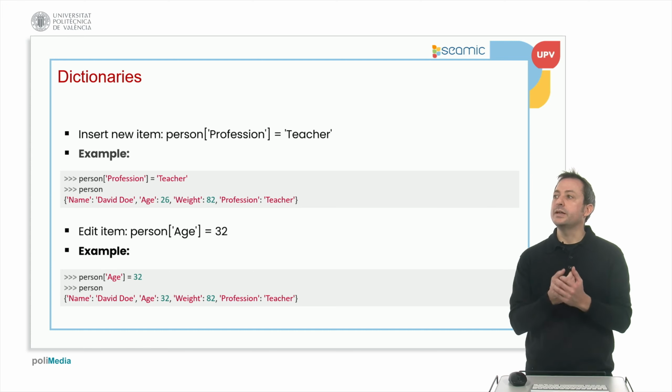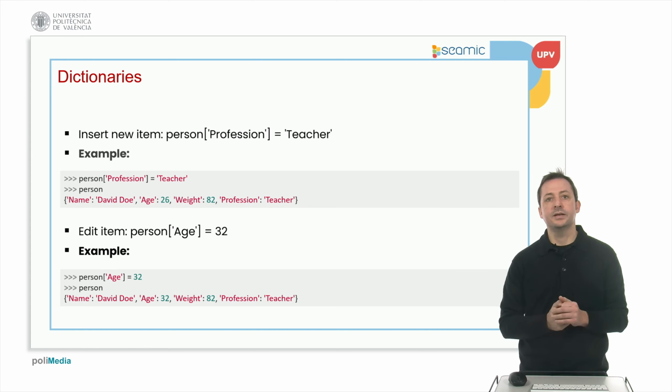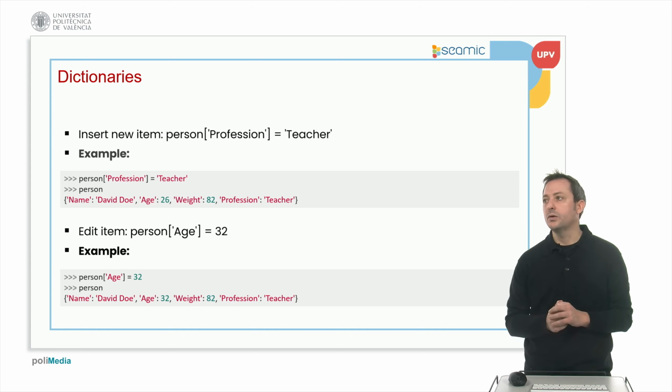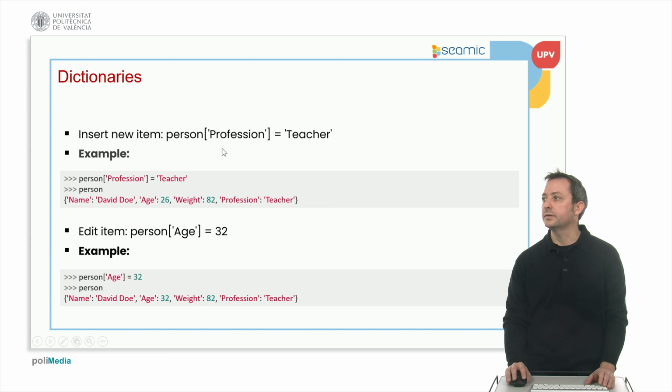In order to insert new elements into the dictionary, we can use the same operation that accesses an element. In this case, if you look, we put a key into brackets, in this case profession, and assign to this key the value teacher.